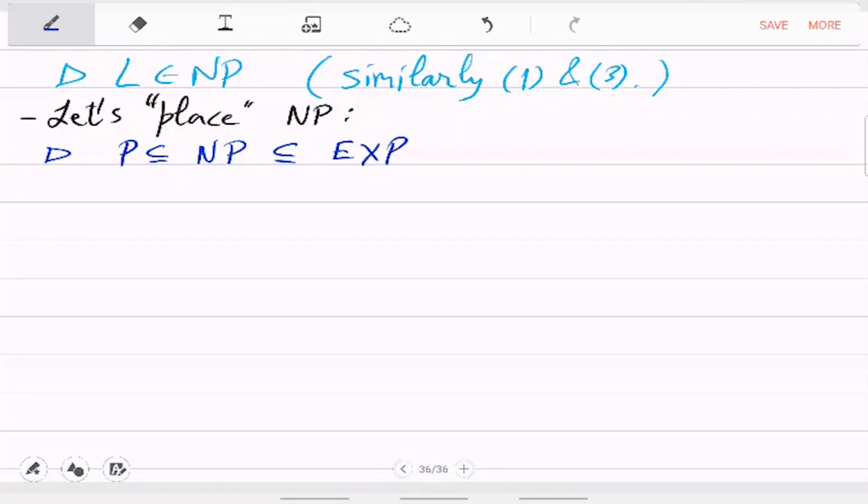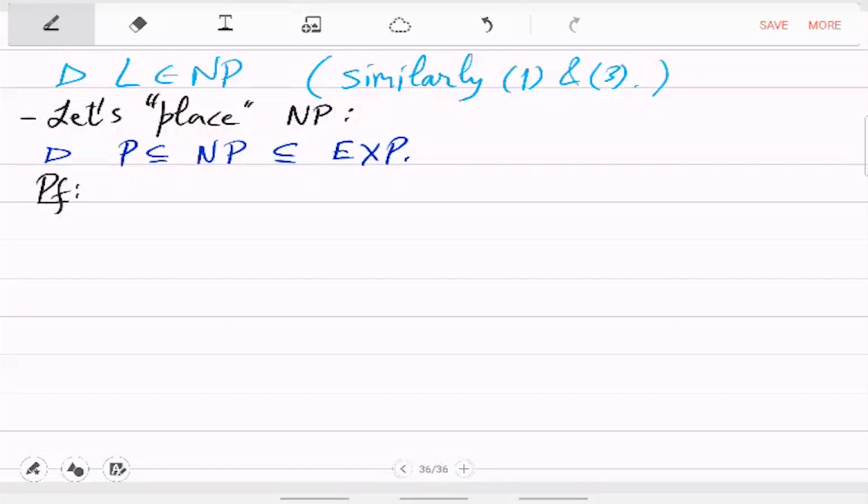Okay, that's the placement. NP is sandwiched between P and exp. Easy part is that P is contained in NP. Any problem that's efficiently solvable also has a certificate and verifier, right? The solver of the problem is itself also a verifier. So that's the trivial part.